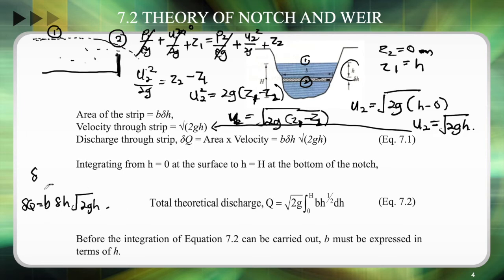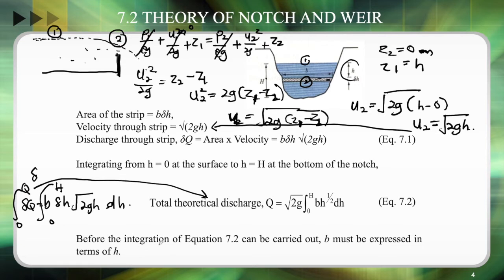For this side we integrate from 0 to H, and for the Q side, we integrate from 0 to Q. So Q equals the square root of 2g, integral from 0 to H of B h to the power 1/2 dh. This is the general theoretical discharge equation. You will refer to this for the rectangular and V notch.